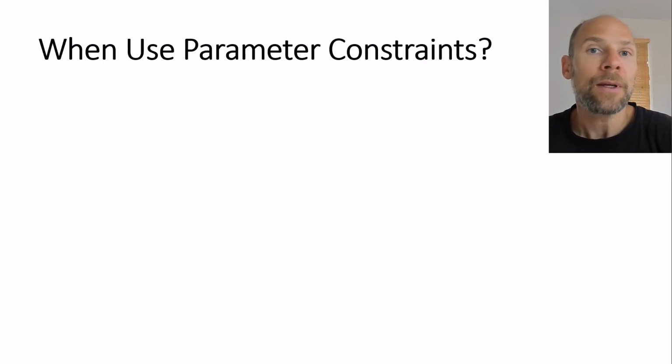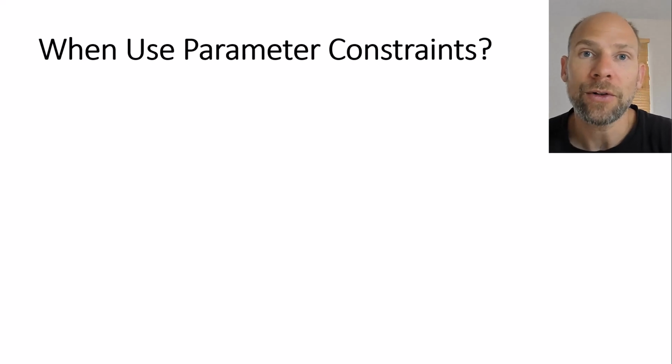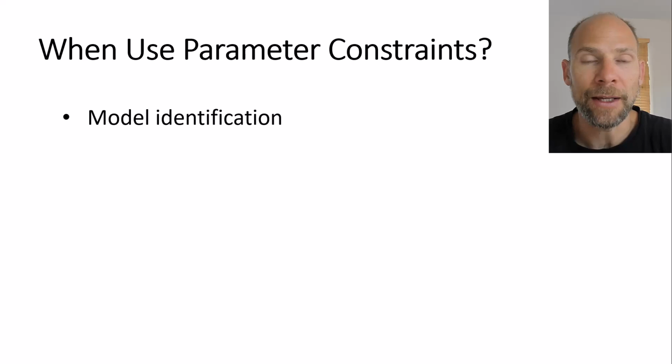Now, at the end of this video, I want to talk about when you would actually use parameter constraints. So when in practice is this something that we employ? First, as we discussed at the beginning, we need parameter constraints for model identification and for setting the metric of our latent variables, because latent variables are arbitrary in terms of their scale, in terms of their units of measurement.